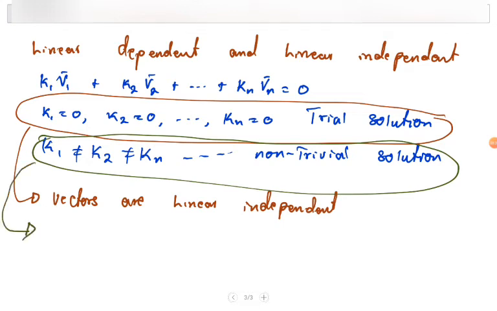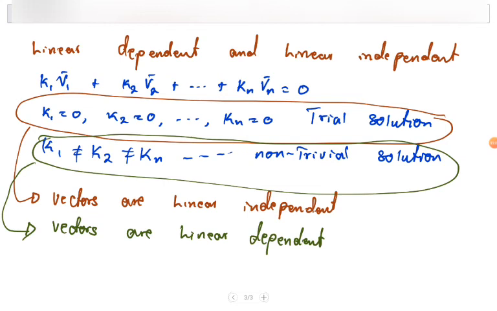Those vectors are linear dependent. So if you have more than one solution, where one is a trivial solution and we have another solution, we say that the system of vectors is linear dependent. Okay, so we're going to do actual examples to show these things. So go back and check those examples.